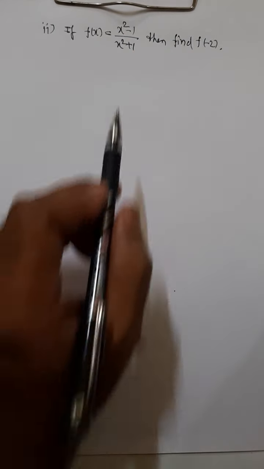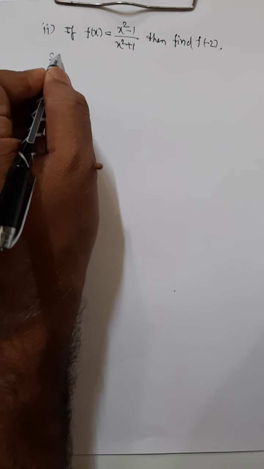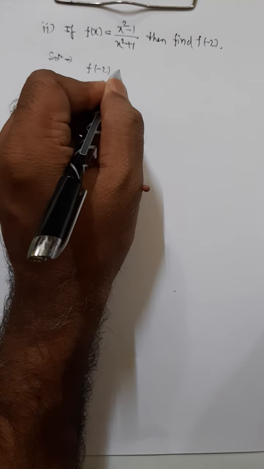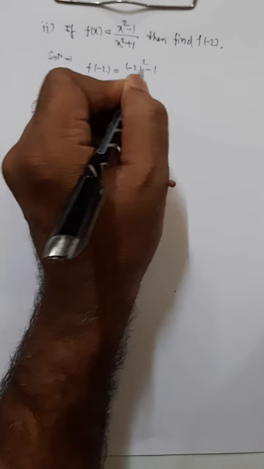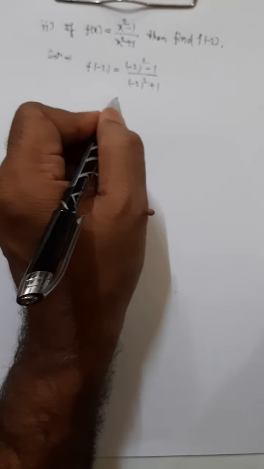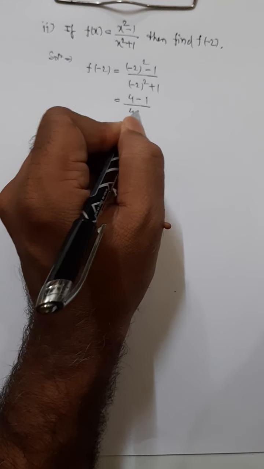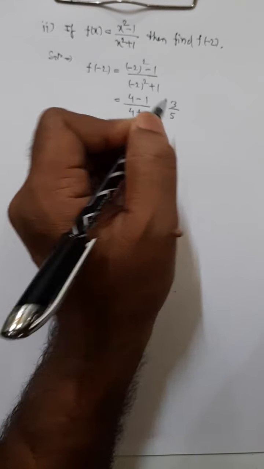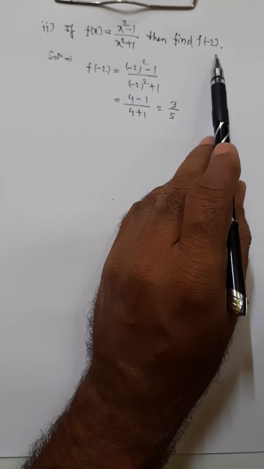That means we have to put x equal to minus 2 and calculate the value of the function. So we get minus 2 square minus 1 divided by minus 2 square plus 1, which is 4 minus 1 divided by 4 plus 1. 4 minus 1 is 3, 4 plus 1 is 5. So 3 by 5 is the value of the function f of x at x equal to minus 2.